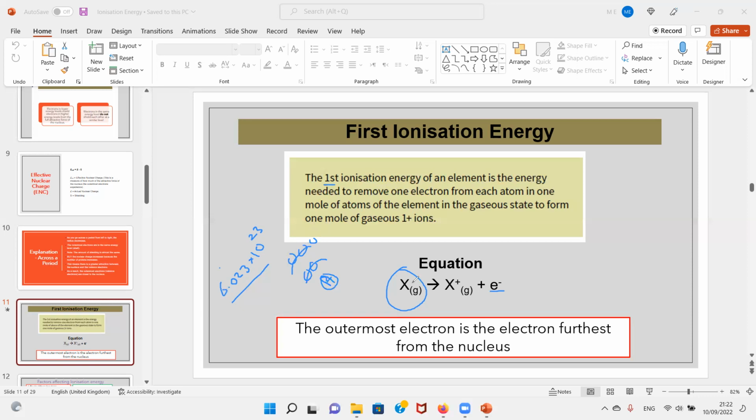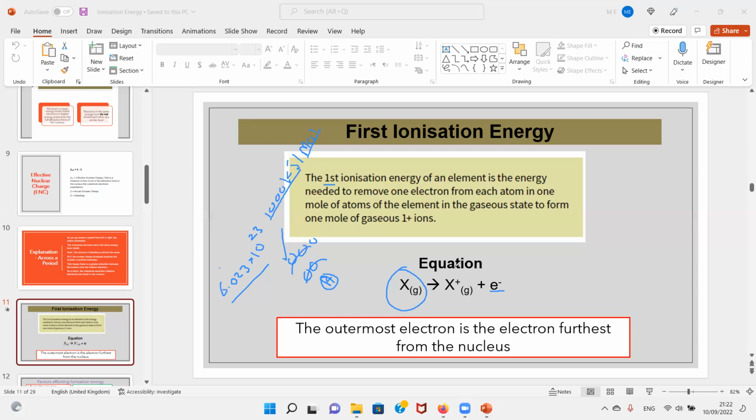So the first time, if you remove this electron, maybe the value is, let's say, 1,000 kilojoules per mole. That means you need 1,000 kilojoules to remove 1 mole of these electrons. So if you remove the first electron that I'm pointing at, you require this. We call it first ionization energy.